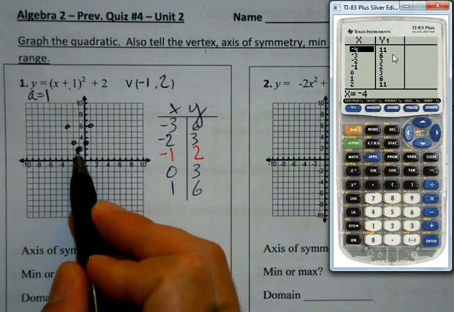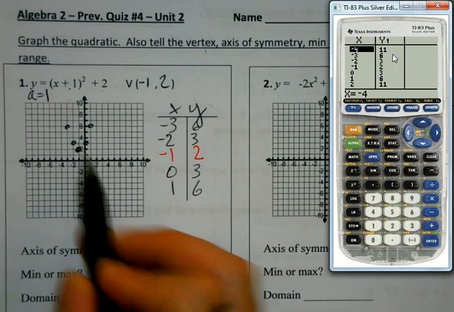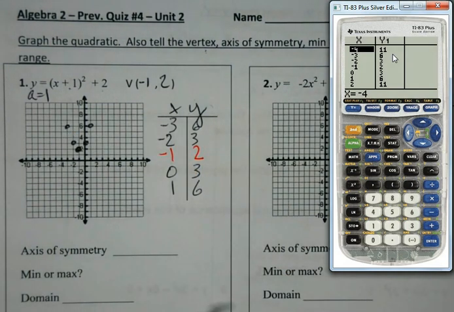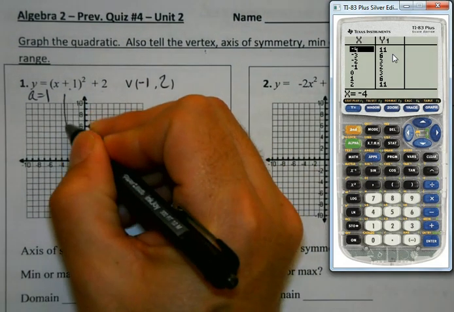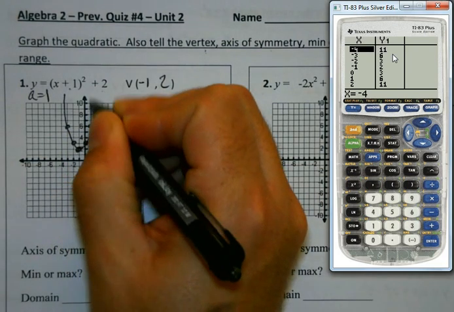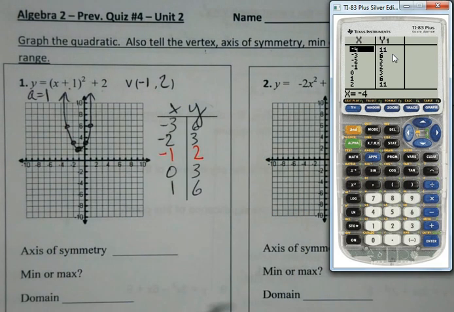And you'll notice I actually have all of those points plotted already using my pattern, but they both got me to the same place. And I can make my parabola. Okay? That should make it easier for me to get all the rest of my information at this point.